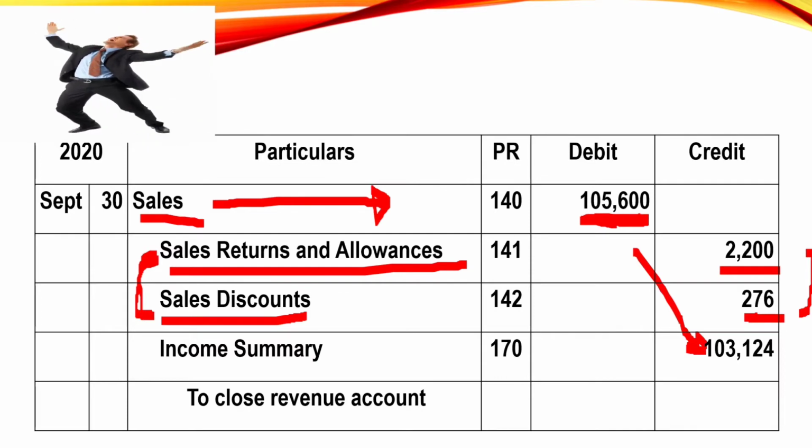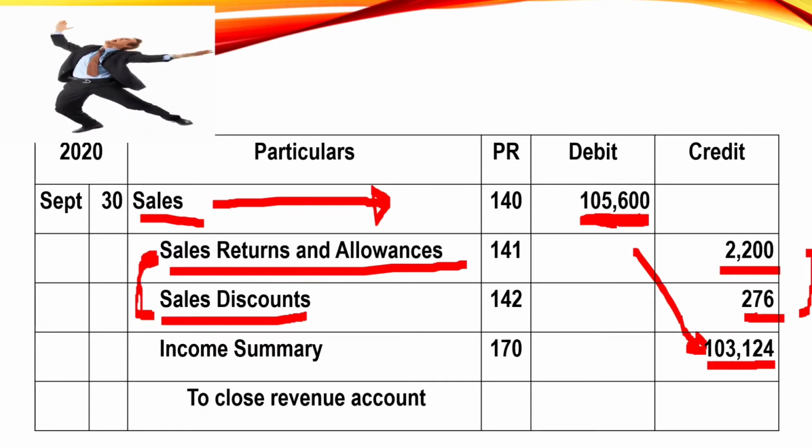Again, yun sa pagkuha, 105,600 minus 2,200 minus 276 is equal to 103,124. So, dili siya sa credit ha kay kung dili mo ibutang, di mo dako si debit. So, that's why ato siyang gi-balance.